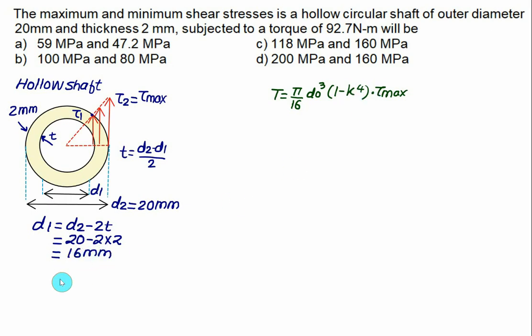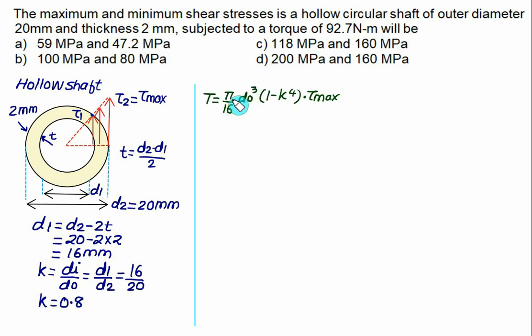In this equation we are going to use the k value. k is equal to di divided by do, which is the inner diameter d1 divided by outer diameter d2. d1 is equal to 16 and d2 is equal to 20. 16 by 20, so the value of k will be equal to 0.8. For a hollow shaft we have torque equal to pi by 16 do cube into 1 minus k to the power 4 into maximum shear.